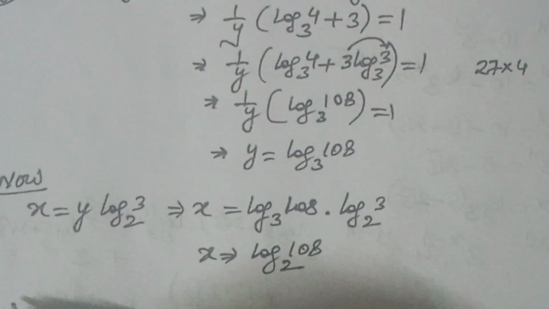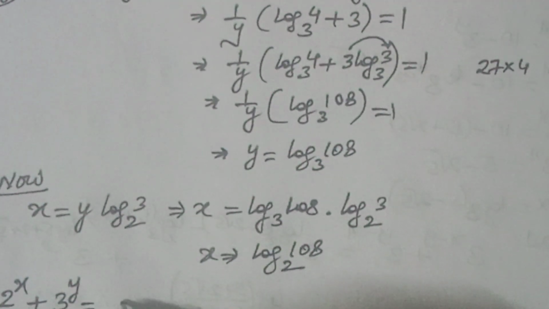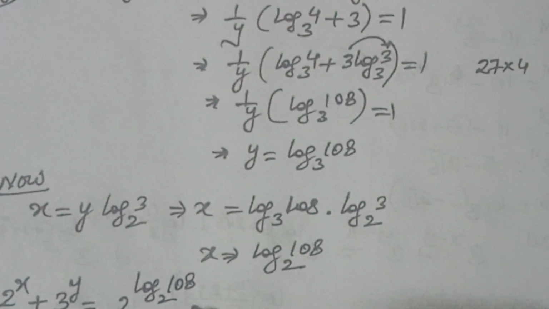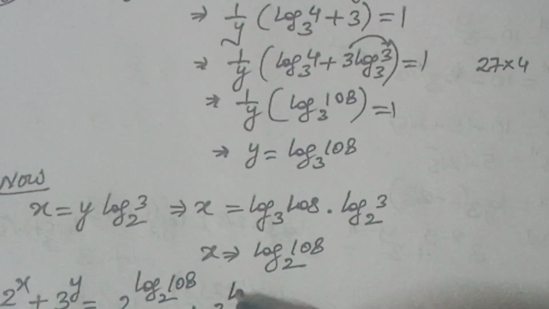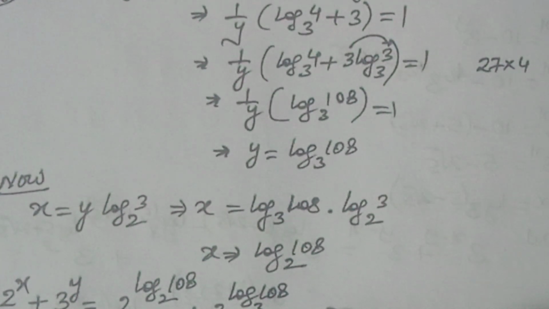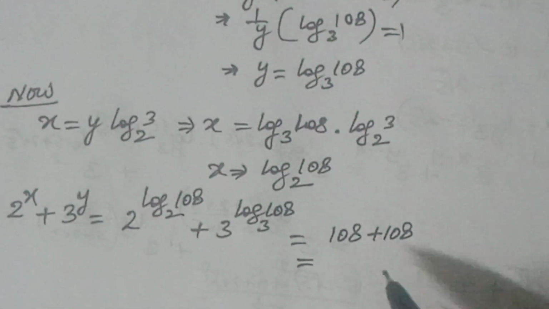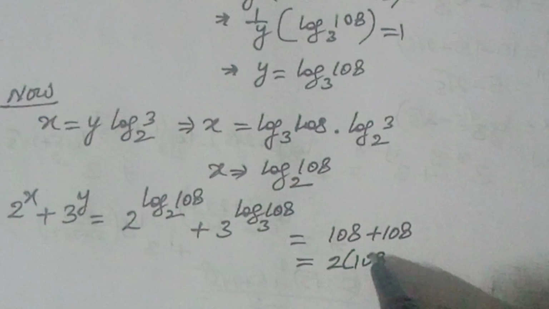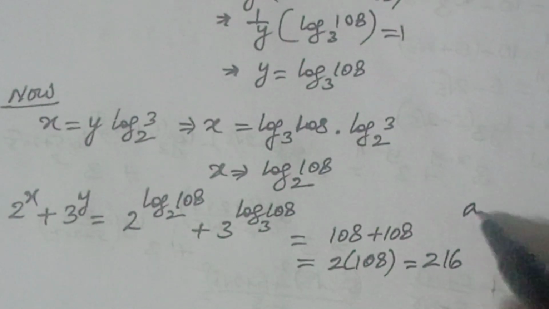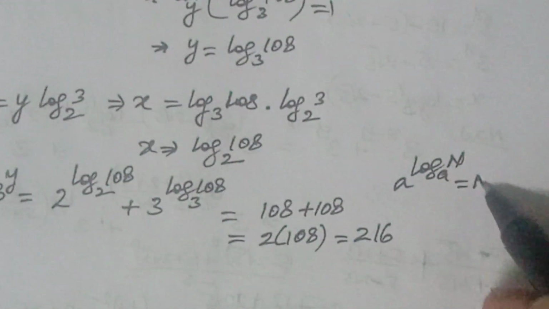Now we take 2^x + 3^y, which is 2 to the power of log 108 base 2 plus 3 to the power of log 108 base 3, which equals 108 + 108. We use the formula a to the power of log n base a is equal to n.